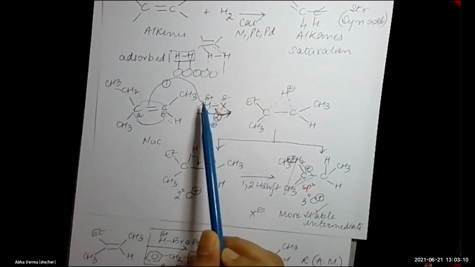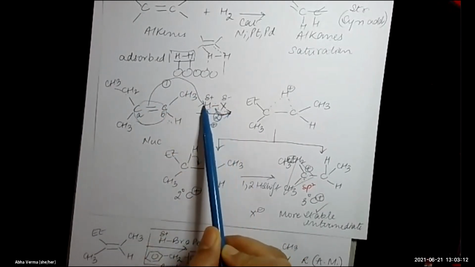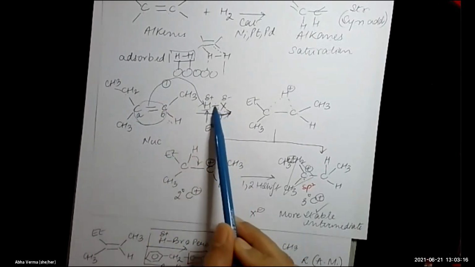So the electron rich attacks the electron poor, and the bond between the electrophile and the other partially negative site will get broken. A stable carbocation will form, okay, out of these two possibilities.